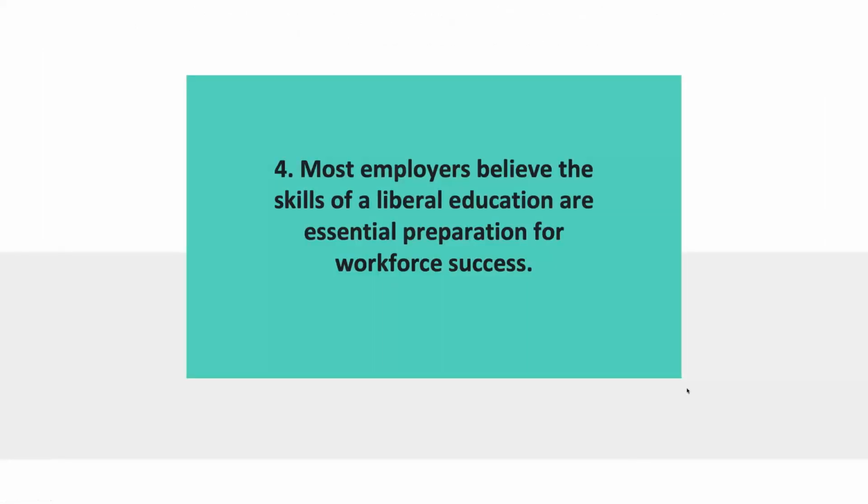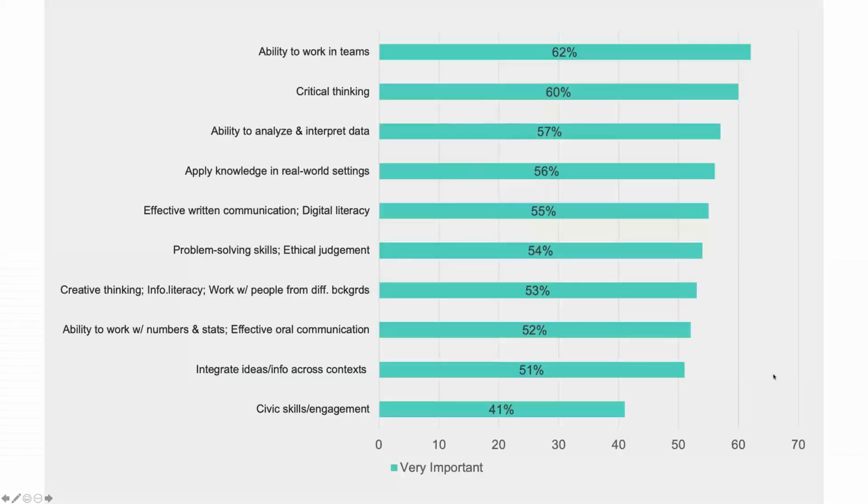So a couple more things to highlight from the employer research. Most employers believe the skills of a liberal education are essential preparation for workforce success. And so looking specifically at the essential learning outcomes, the number one thing that employers rated as very important was the ability to work in teams.